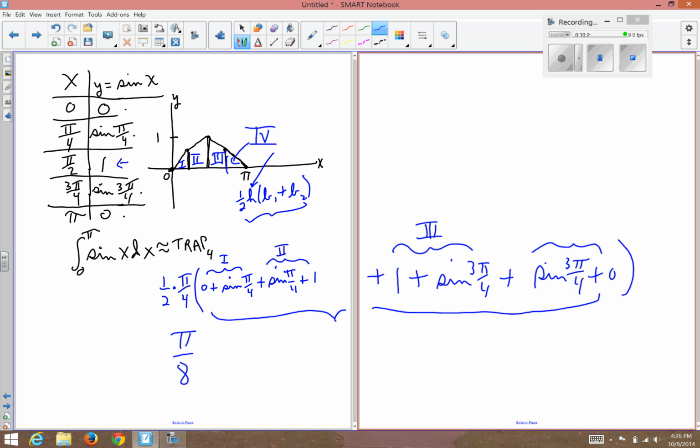So in the calculator I'm putting in 0 plus the sine of pi over 4 plus the sine of pi over 4 plus 1 plus 1 plus the sine of 3 pi over 4 plus the sine of 3 pi over 4, and there's a plus 0 at the end.